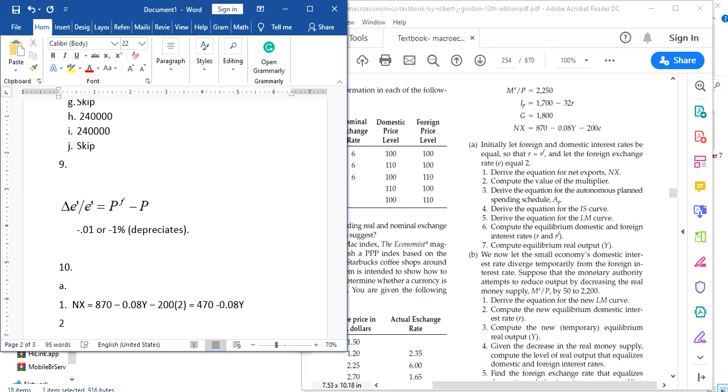2. Compute the value of the multiplier. So the value of the multiplier, which is k, equals 1 divided by 0.4, which equals 2.5.